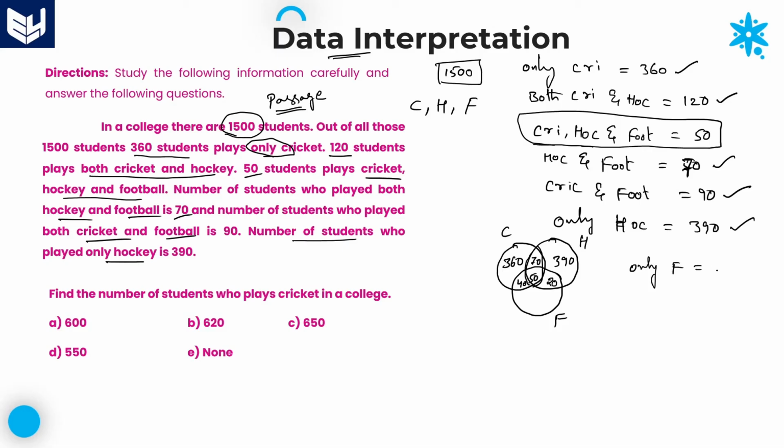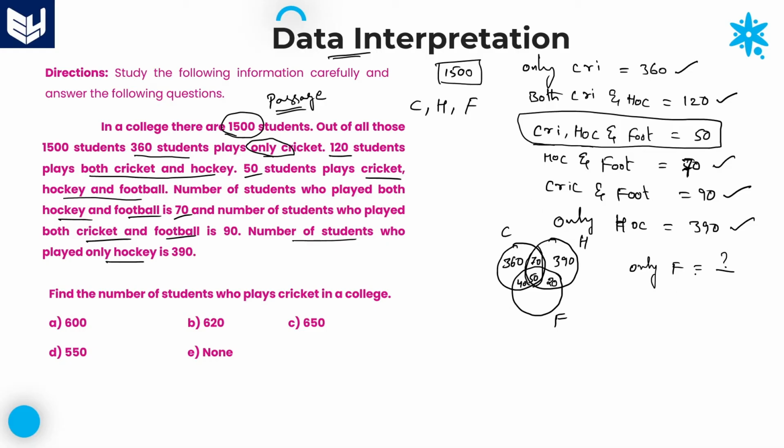First, we need to calculate how many students are playing only football. That is the value we need to find out first, because all the remaining values are given in the passage.